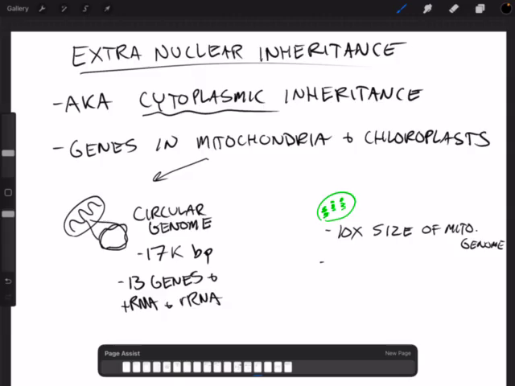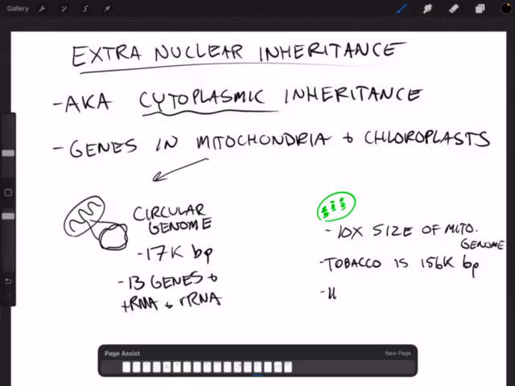For example, tobacco is about 156,000 base pairs, right? So much, much bigger than the mitochondrial genome.